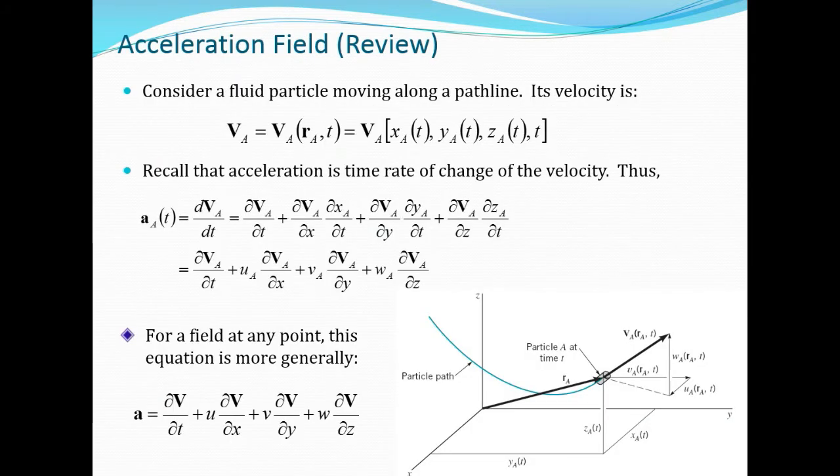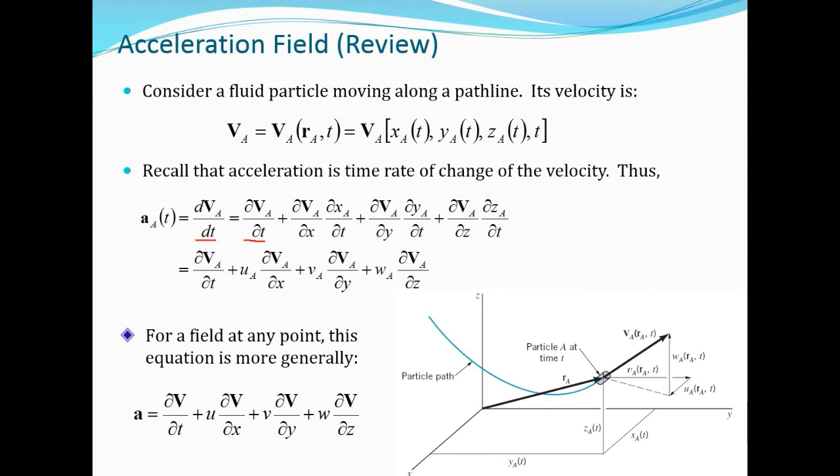Now if the velocity is changing out there, then there's got to be an acceleration term as well, right? And the acceleration term, remember, is a little more complicated. We have to take the derivative of the velocity field. We do that, the first term is pretty easy. It's just the derivative with respect to time.